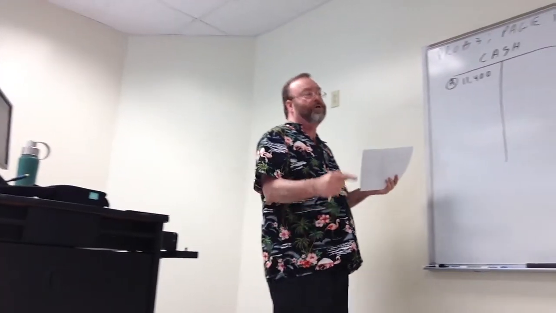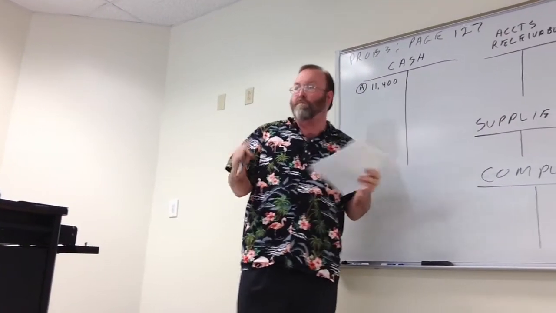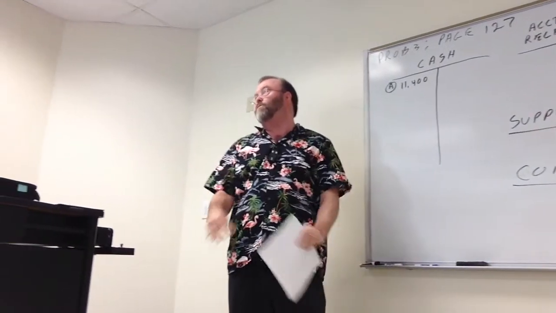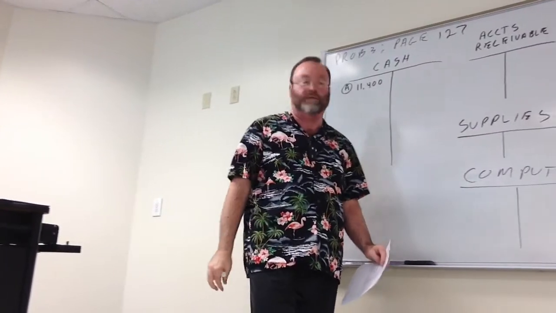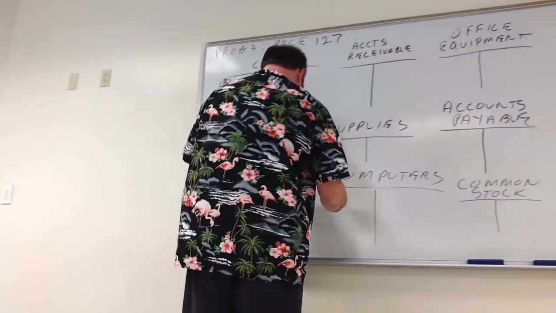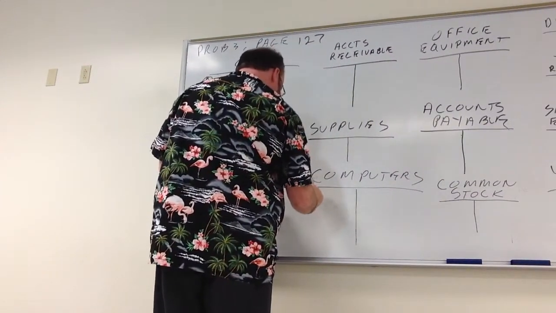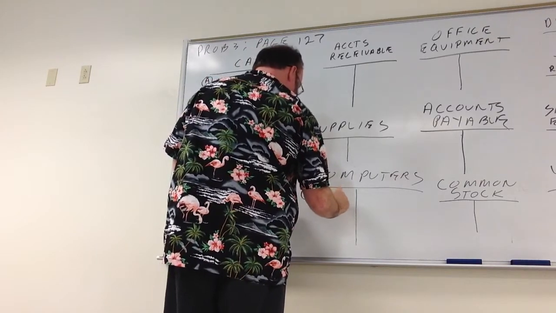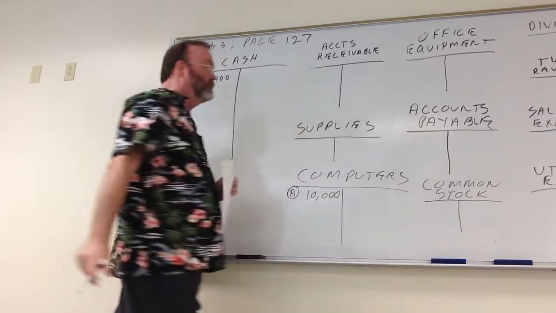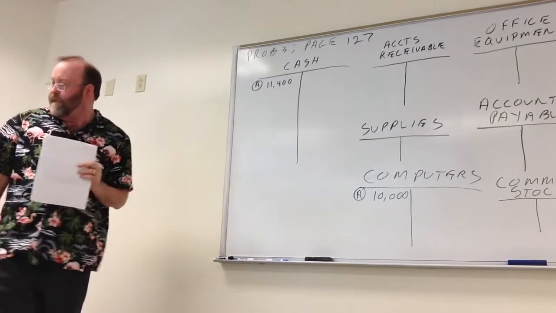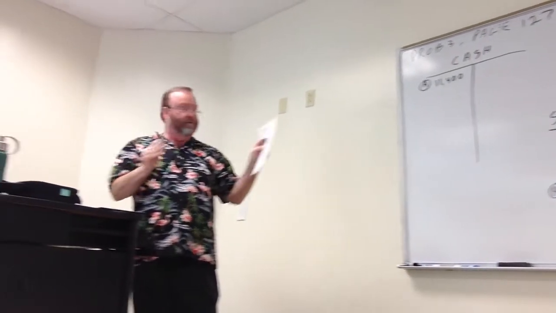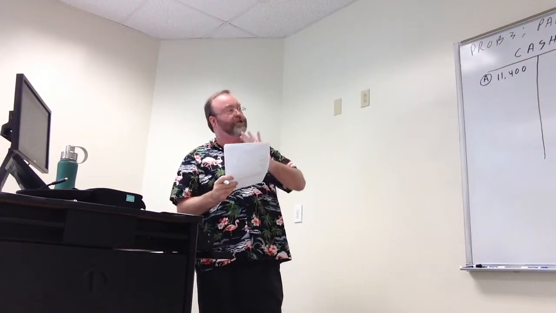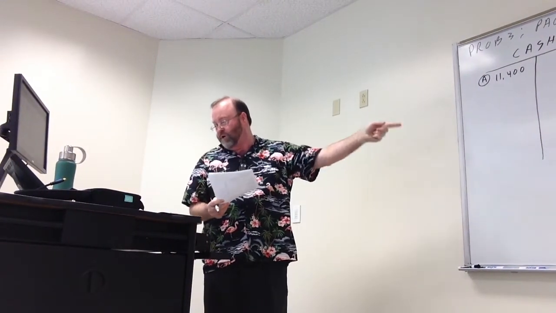Computers of $10,000. So computers are property, plant, and equipment. They're long-term assets that we utilize in a business, same as desks and buildings and delivery trucks and the like. So far we have 2 debits, because 2 assets, well actually 3 assets, we're going to do one more.